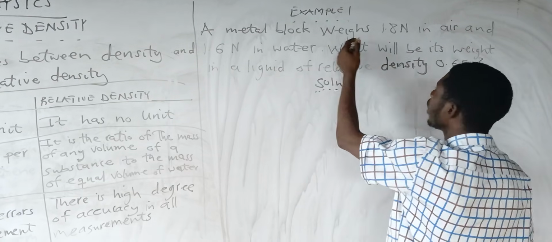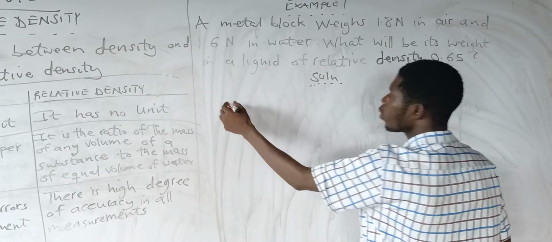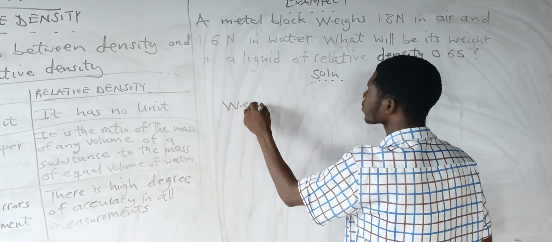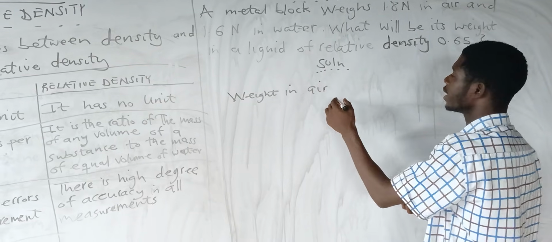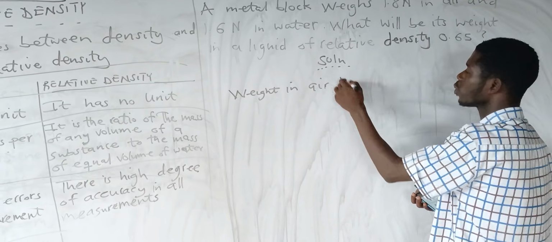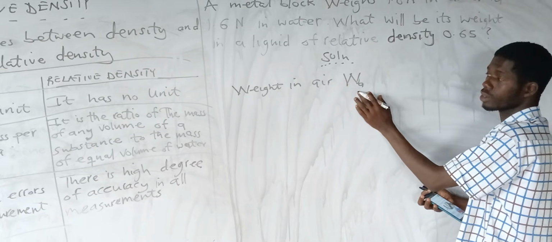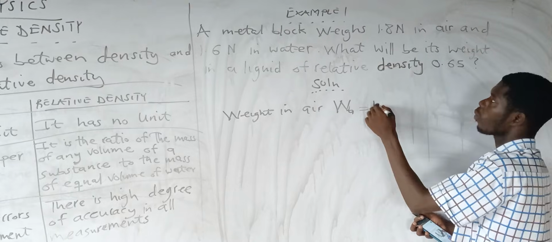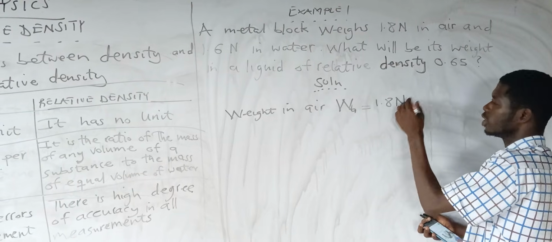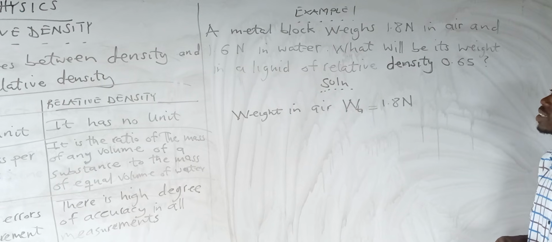A metal block weighs 1.8 Newton in air. So weight in air, I'm representing it as W. Weight in air is equal to 1.8 Newton, and 1.6 Newton in water.